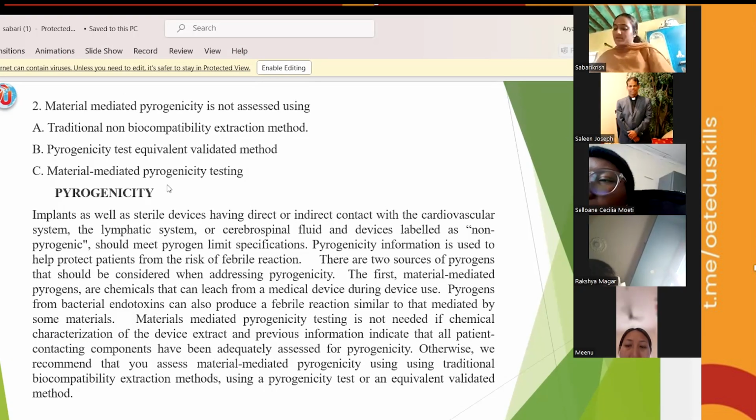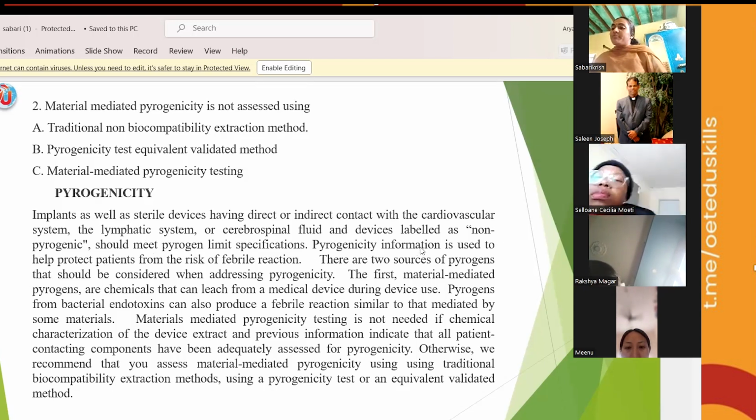In the text: pyrogenicity implants as well as storage devices having direct or indirect contact with the cardiovascular system, the lymphatic system, or cerebrospinal fluid, and devices labeled as non-pyrogenic should meet pyrogen limit specifications. Pyrogenicity information is used to help protect patients from the risk of febrile reaction.